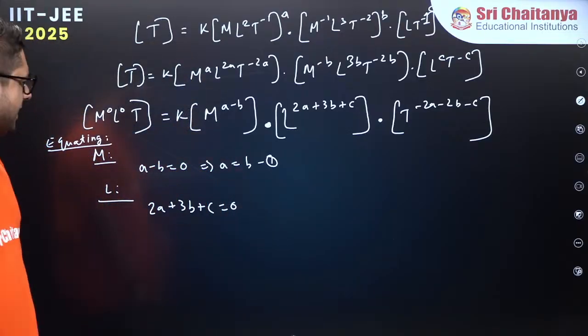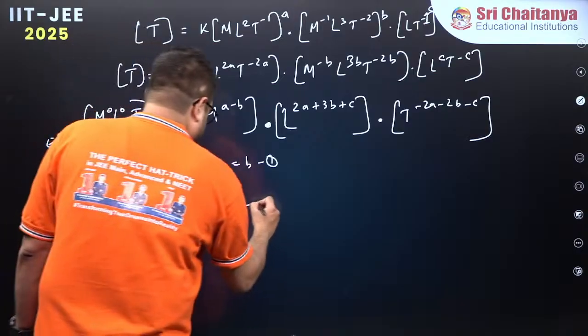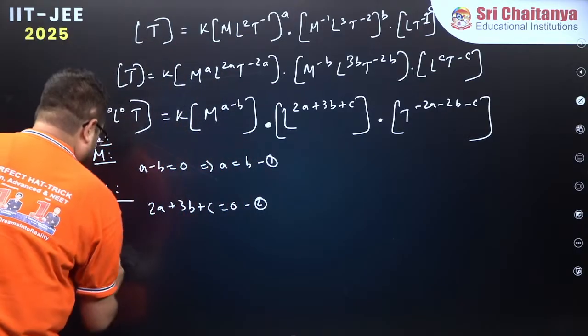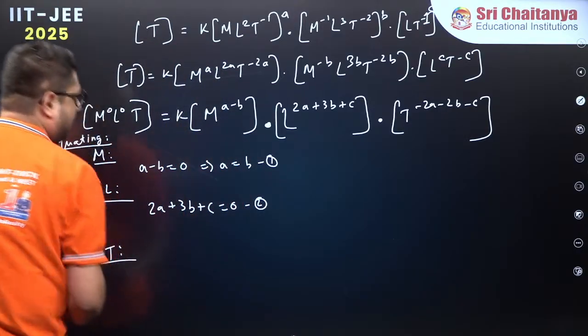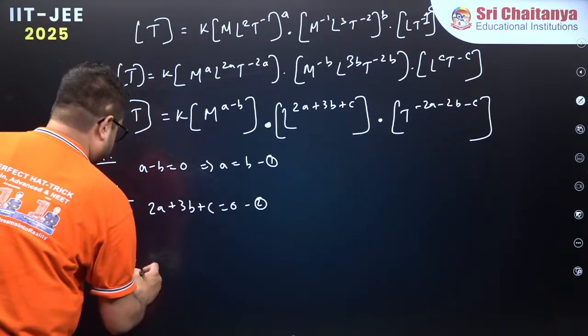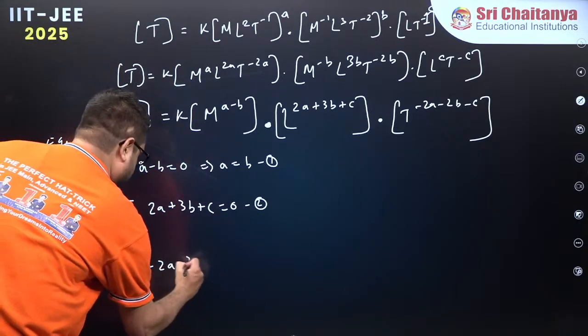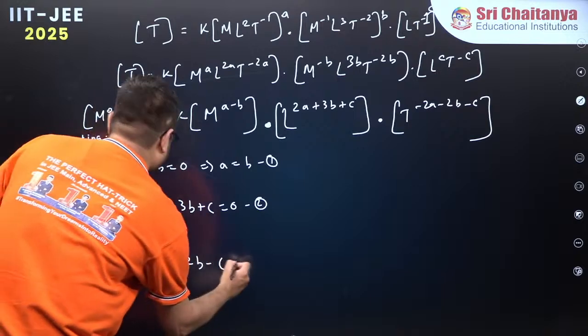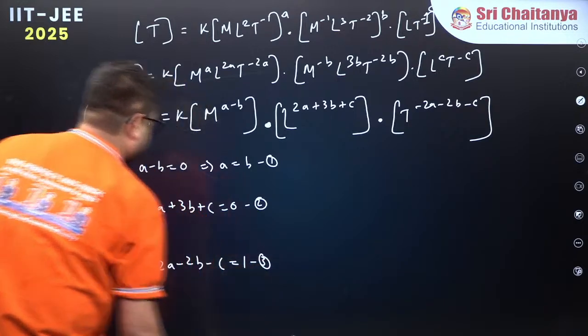I hope you all are getting this. So mark it as 2 because we are going to be using it furthermore. And if I equate time, then I will get minus 2a minus 2b minus c is equal to 1, which I can mark as 3.